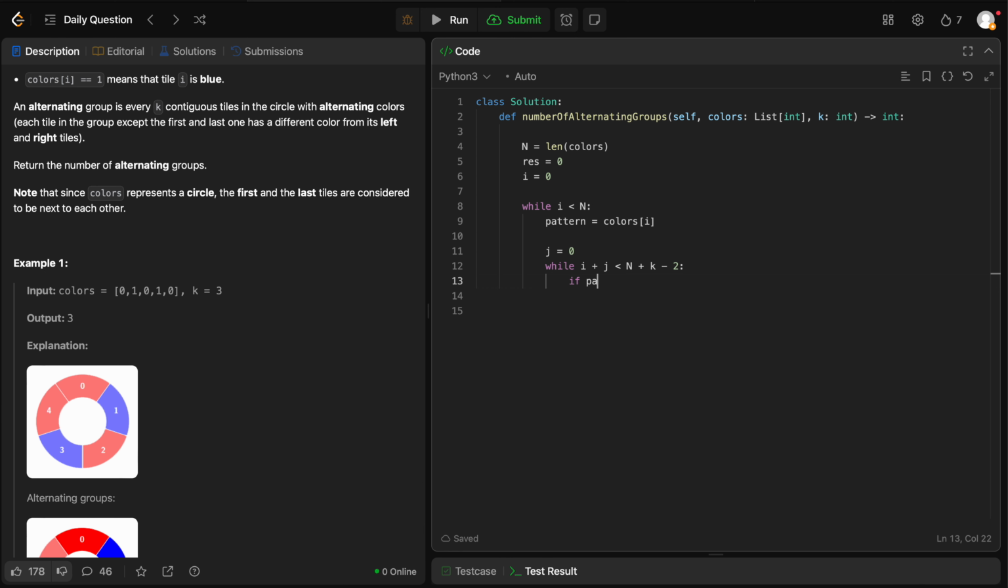If pattern is not equal to colors of i plus j, but mod n.